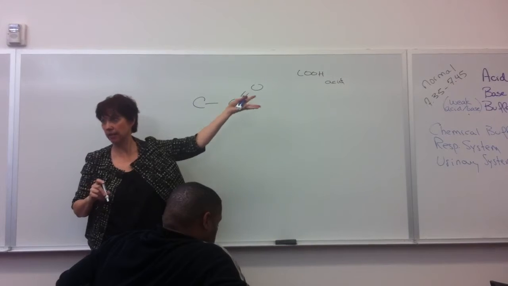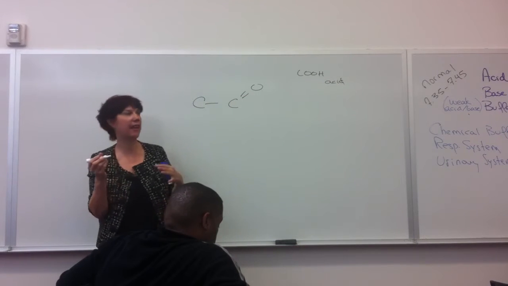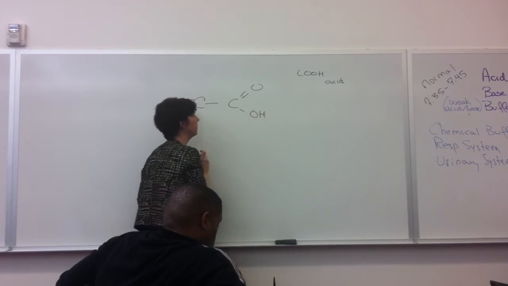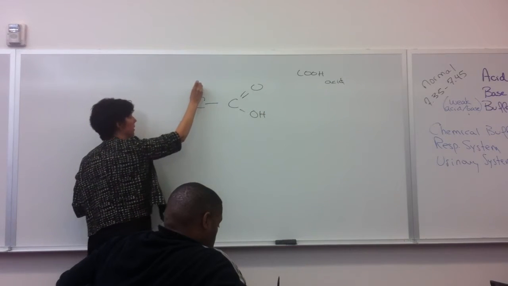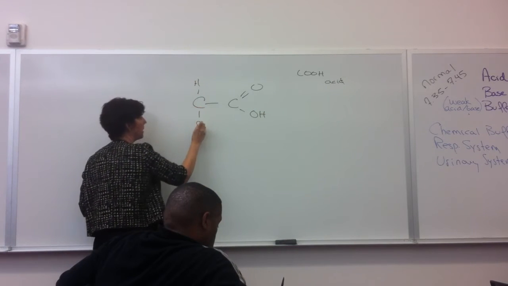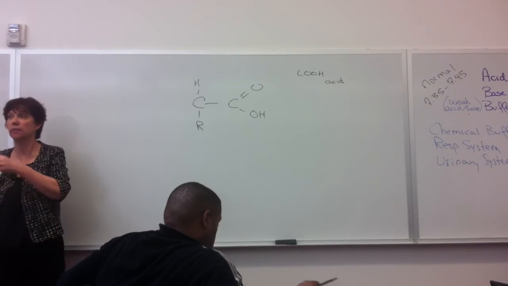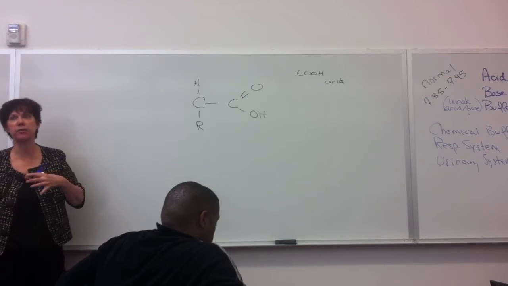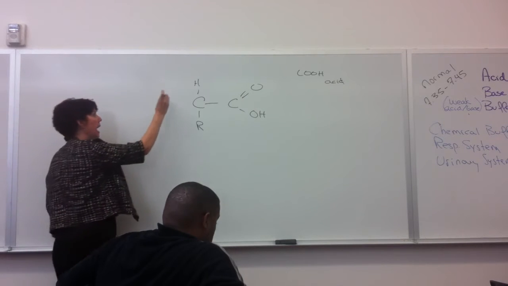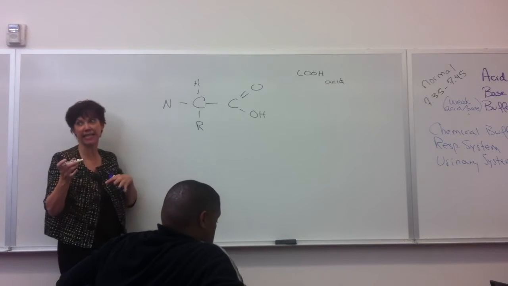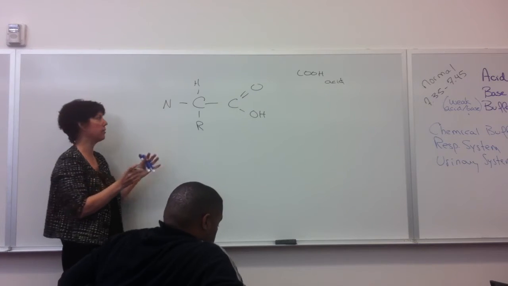Fatty acid tails have that COOH, so that's where the acid component comes from. And the R means, depending on the amino acid, there can be other components to it, or it can be attached to another amino acid in a protein. And then we have the amine end, okay, for the amino acid. The amine has to do with the nitrogen.